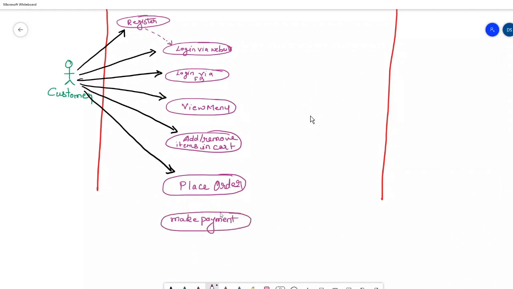After payment, we'll see if some promotions are there. So view promotions. They would give us some ad or some vouchers or something of that sort.